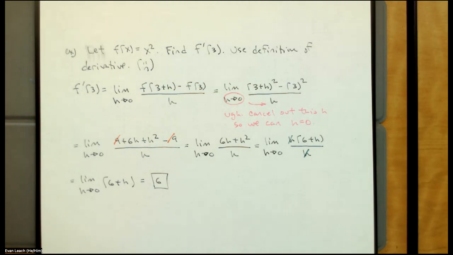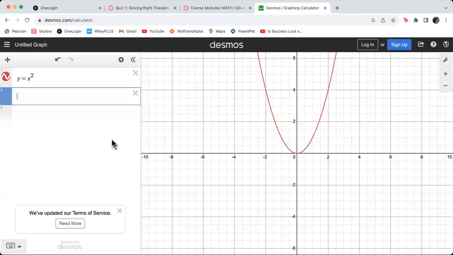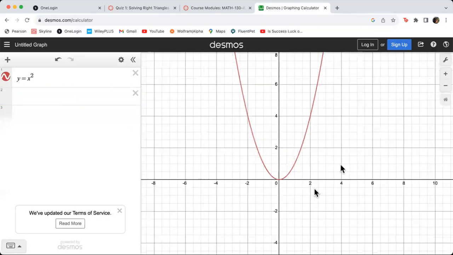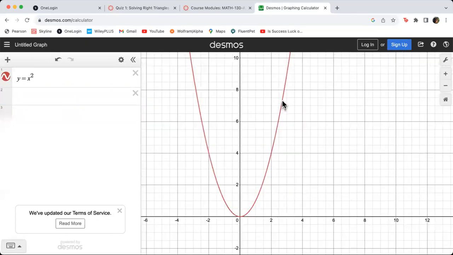What this means is that in Desmos, I didn't have Desmos up. I want the slope of the line tangent to the function at 3.